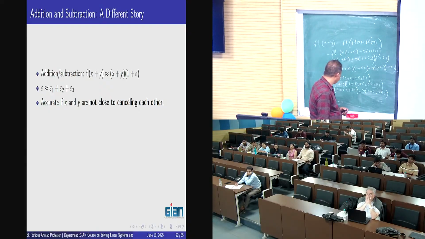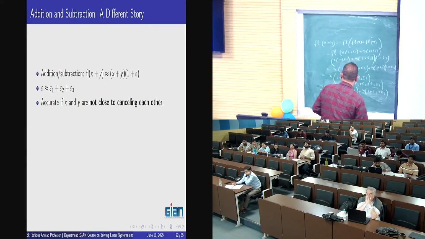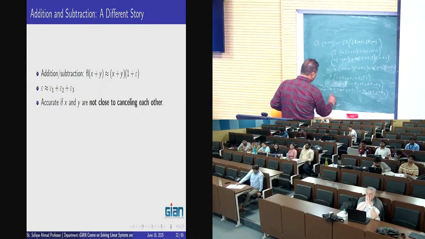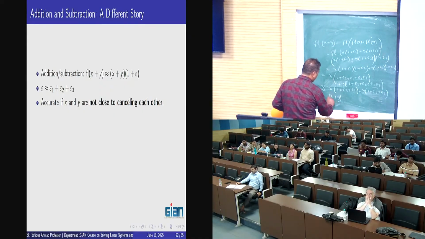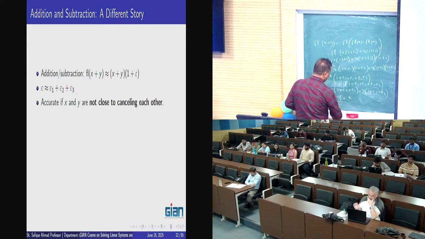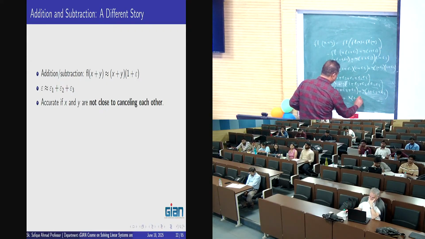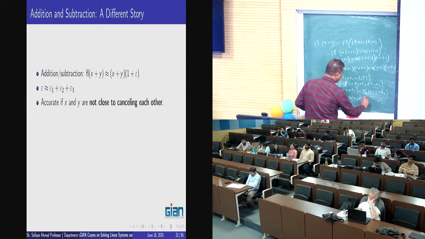Clear? Then here you are taking this x plus y, it will come, and then you can say x into epsilon 3 plus epsilon 1, and this is y.